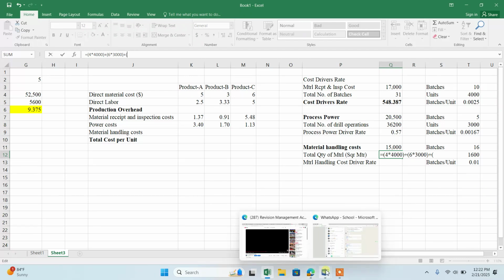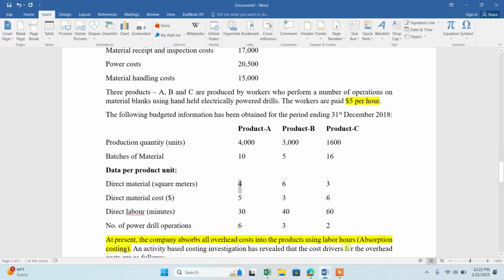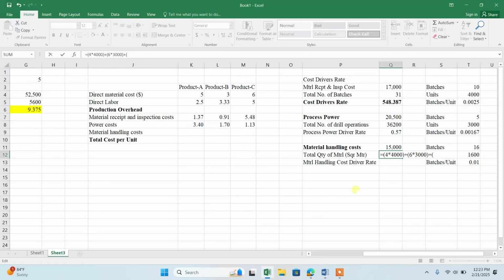Let me check it again. 3 for 1,600. 3 multiplied by 1,600. So the total square meters of material required is 38,800.